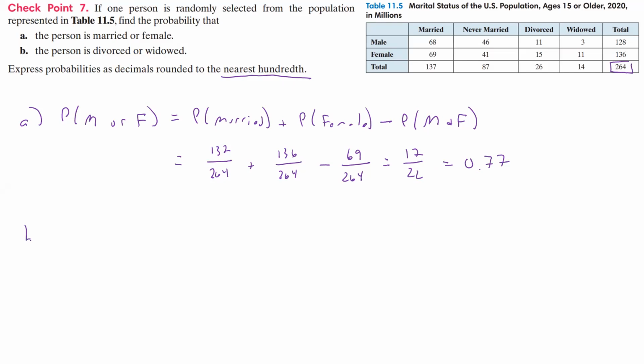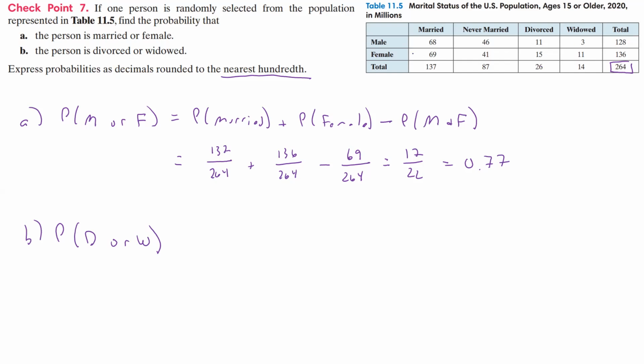Now, part B, they want the probability of divorced or widowed. All right, so divorced is in this column, widowed is in this column. Now, can they be together? If you're divorced, can you also be widowed? No, because they're not combined anywhere.